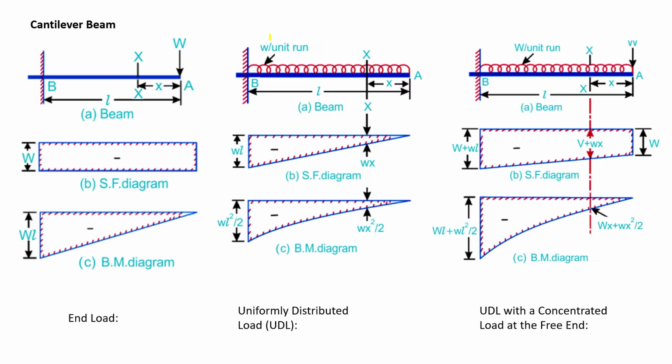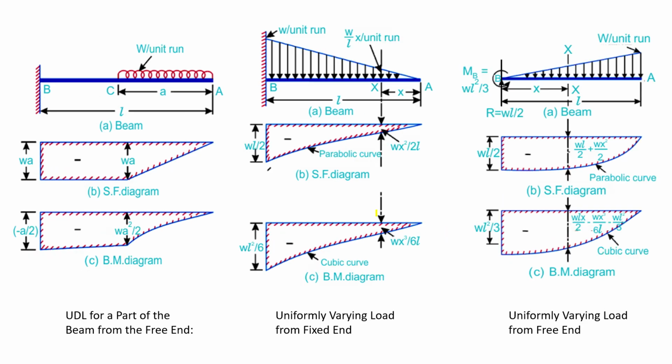Then the cantilever beam, again one end is fixed and on one end we are applying the point load. Here the uniformly distributed load, UDL, and also the concentrated load, both they applied. For that, they have shown how the shear force diagram and bending moment diagram vary. Same, this is a cantilever, and they applied the UDL only for one portion from the free end.